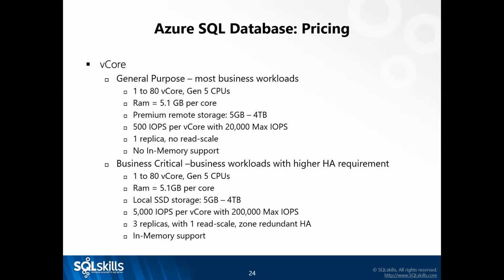Anywhere up to 80 vCores, and that's 5.1 gigabytes of RAM per vCore. So at your 80, I think that gets you up to something like 408. No in-memory support in the general purpose, and you do have in-memory for your business critical.